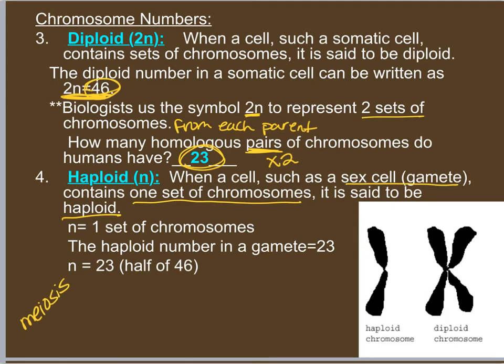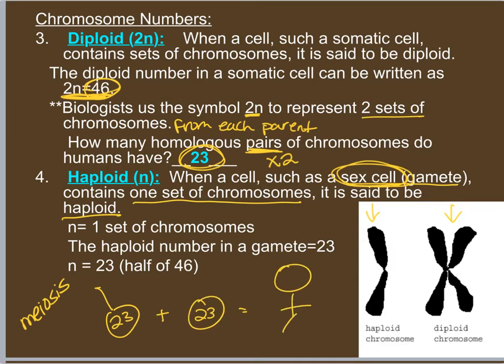The only cells that are haploid are your sex cells. That's it. The only ones. If you look here, you can see the haploid chromosome is half, and there's my diploid. Again, that's because my sperm plus my egg makes the baby with the normal number, because these are the only cells made to combine.